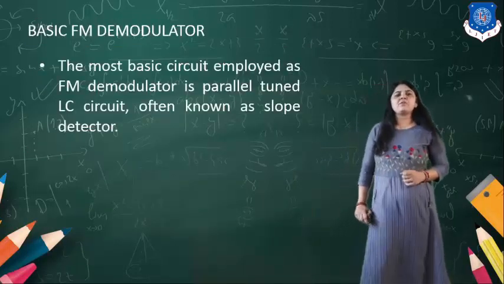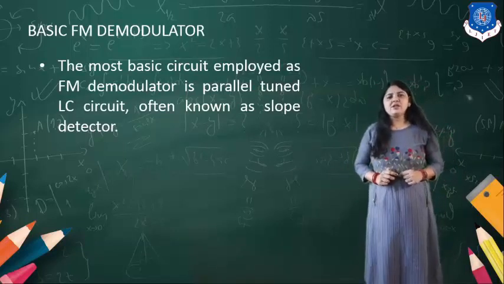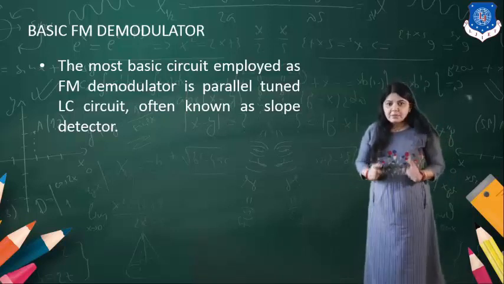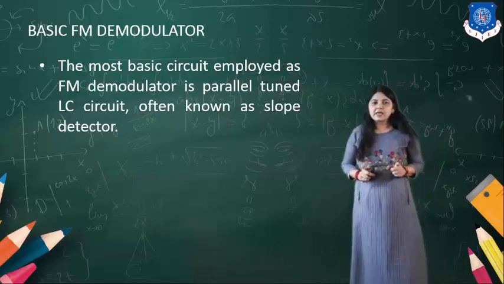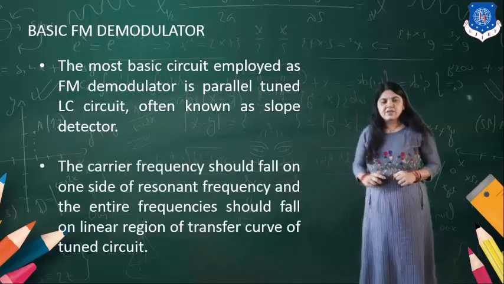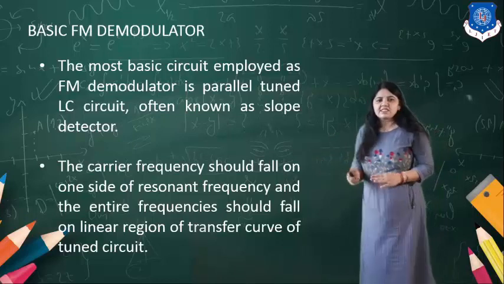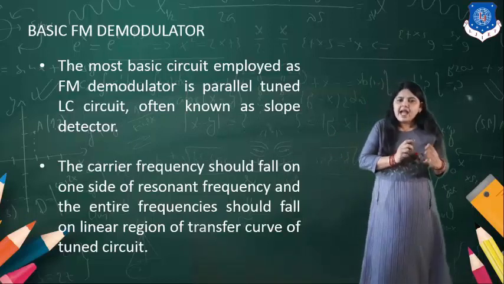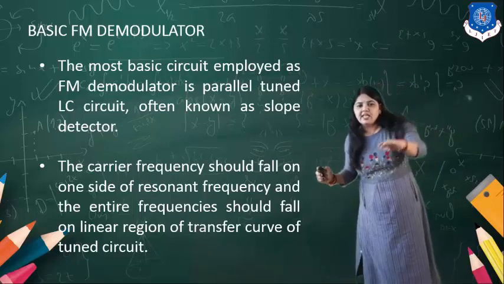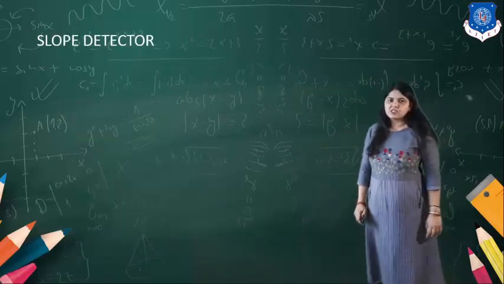The most basic circuit employed as an FM demodulator is the parallel tuned LC circuit, which is referred to as a slope detector. The carrier frequency should fall on one side of the resonant frequency, and the entire frequency deviation should fall on a linear region of the transfer curve of the tuned circuit.